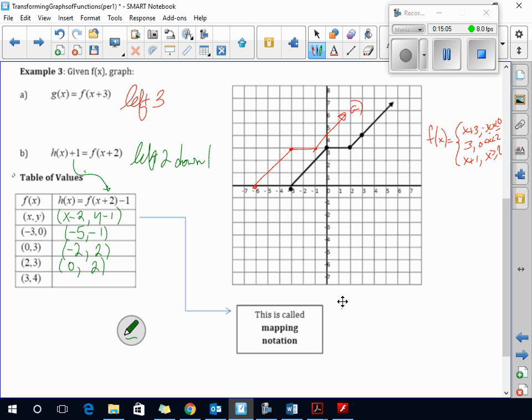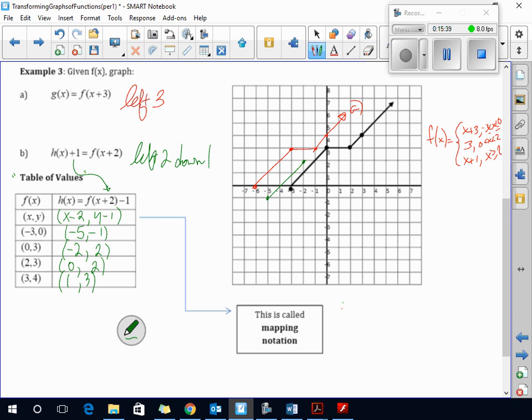So then what I do with this is then I can just plot it. So do you see how if I take my beginning graph, the black graph, and if I go left 2, down 1, do you see I'm actually at -5, -1? And then if I just connect it to -2, 2, you see? I could just plot it this way. 0, 2, there you go. 1, 3, and then there's the rest of my graph.